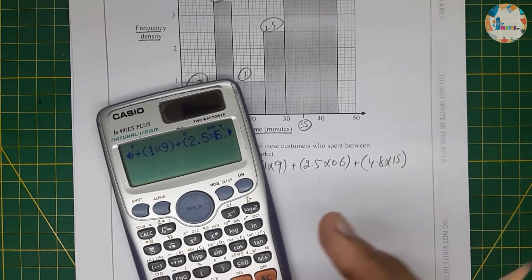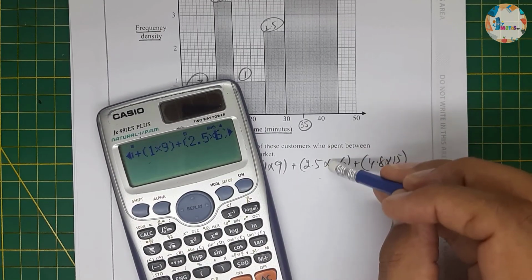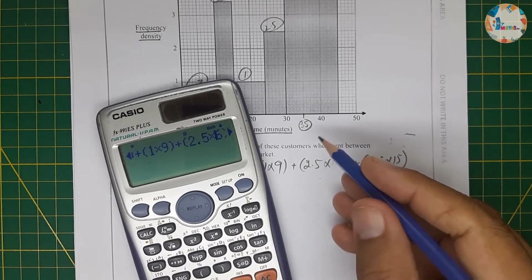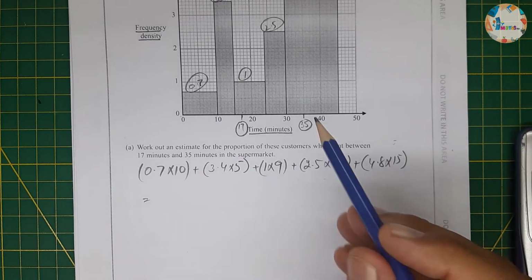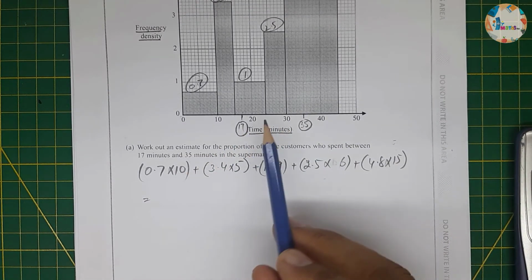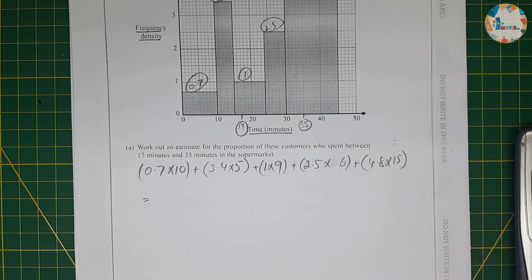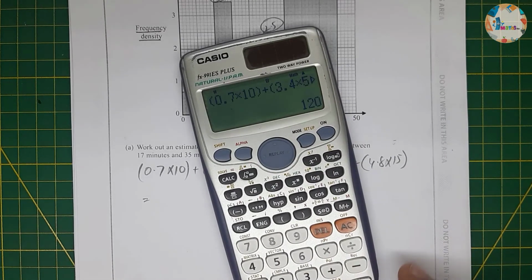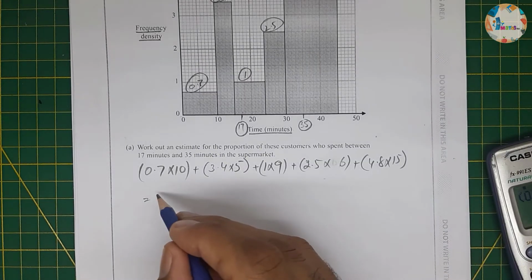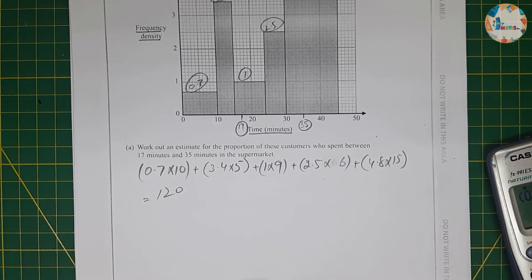So this should be 6 here, 2.5, and the width is 6 basically. So these are 6 units, so we have mistakenly written this one. So this will result in 120.